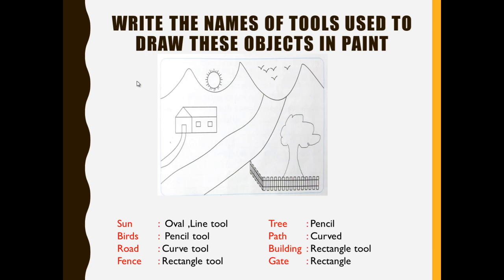Birds with pencil tool. Road with curve tool. Fence with rectangle tool. Tree with pencil tool. Path with curve tool. Buildings with rectangle tool and gate with rectangle tool.